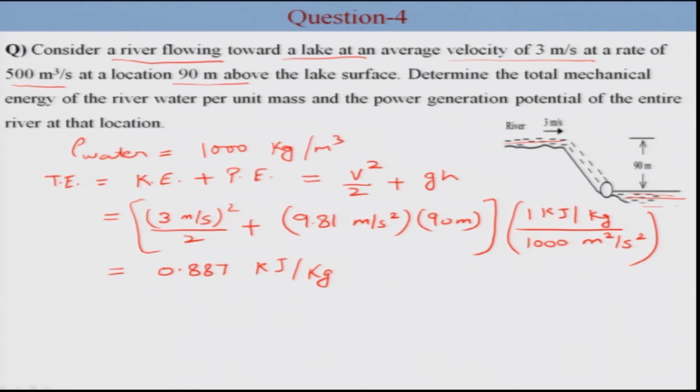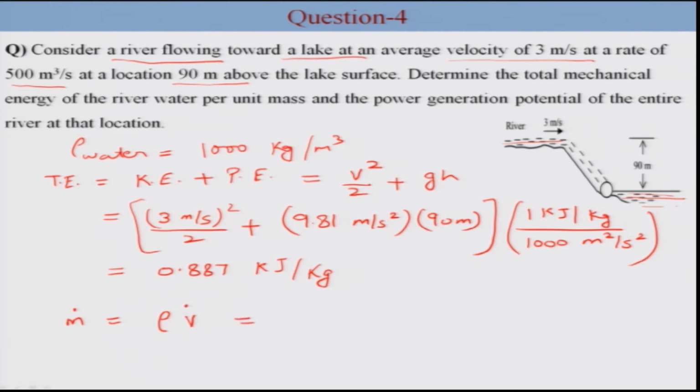Now, we have to determine the power generation potential of the entire river at that location. The power generation potential is this energy multiplied by the mass flow rate of the river. The mass flow rate is density multiplied by the volume flow rate.